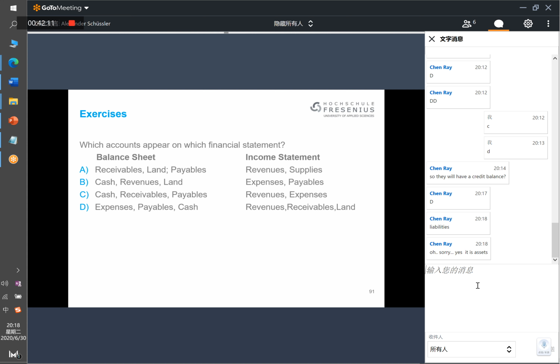Which accounts appear on which financial statements? Here we have the balance sheet and we have the income statement. What is correct? Do accounts receivable, land, and payable appear on the balance sheet?